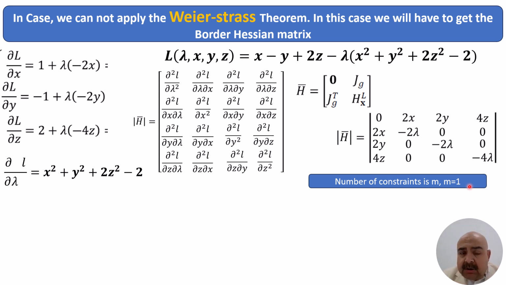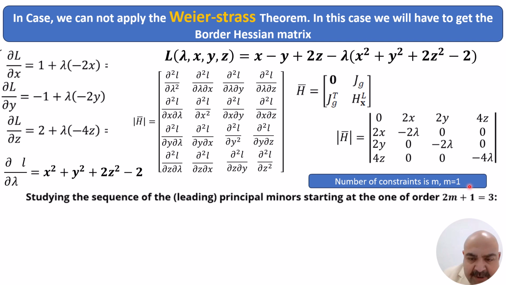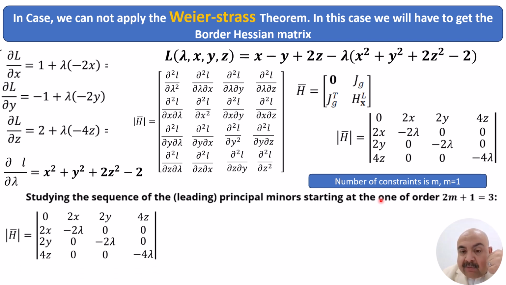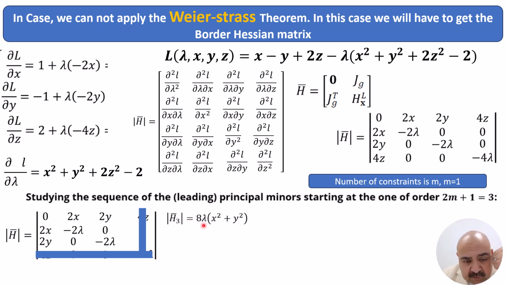So I will start by getting the sign, in order to determine the nature, of the leading principal minors from the bordered Hessian matrix, which will start with 2 times 1 plus 1, which is 3. So I will need the leading principal minor of the Hessian matrix of the third order, which is going to be 8 lambda x square y square by evaluating this determinant.